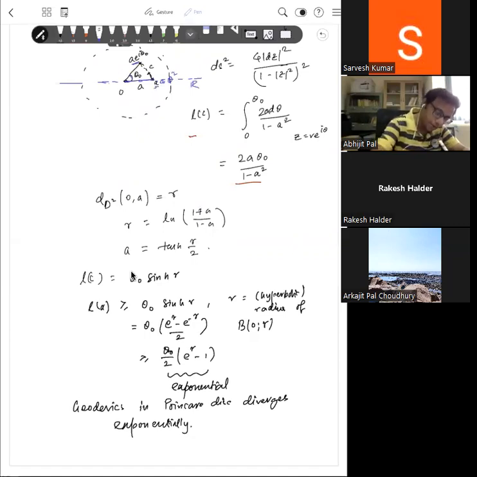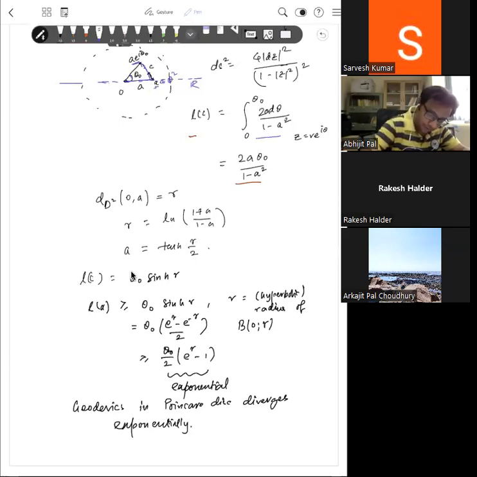Now I want to compute the length of C. So mod z is equal to A on C, therefore we have this thing here.